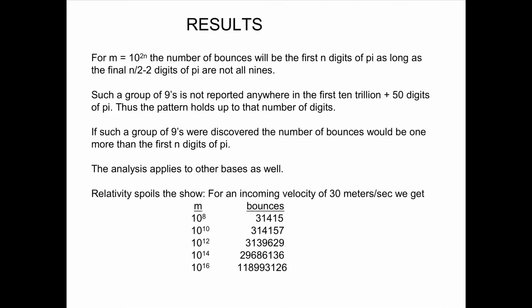Now, pi is known to a lot of places now. And as of a month ago, it was about 10 trillion places. But just recently, someone announced on Pi Day that they figured out pi to 8 quadrillion digits. And so, since there aren't such sets of 9s, we can be pretty sure that almost 16 quadrillion digits of pi can be produced in this ideal system.